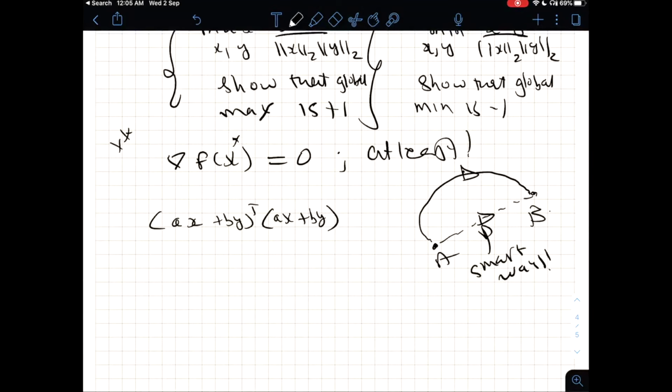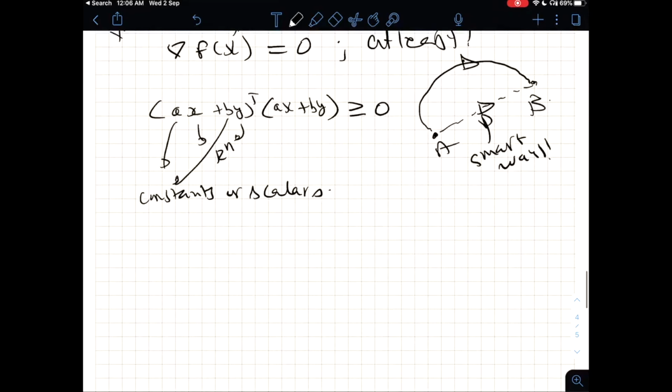This is a proof by common sense: (ax plus by) transpose (ax plus by) is always greater than or equal to 0, where x and y are two vectors in Rn, and a and b are constants or scalars.